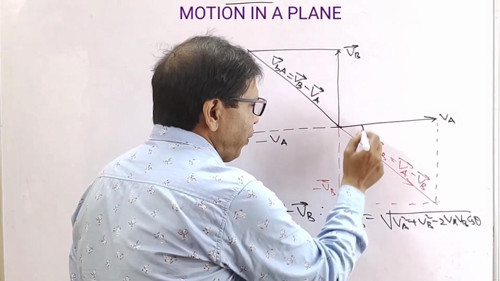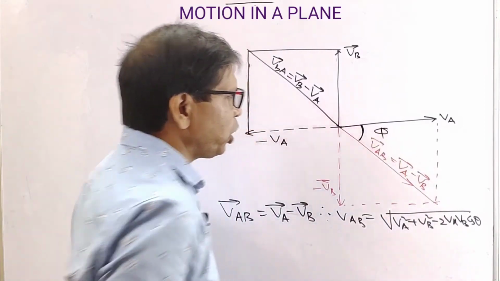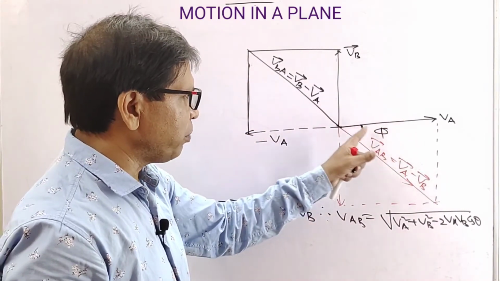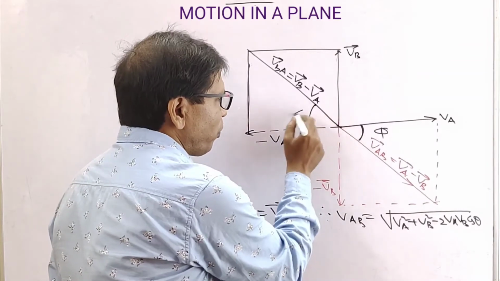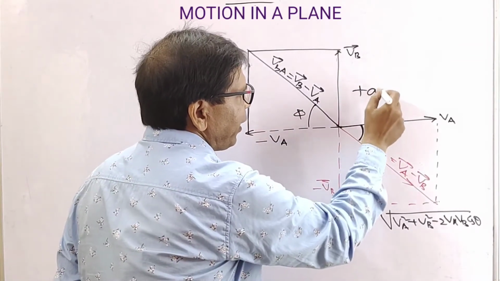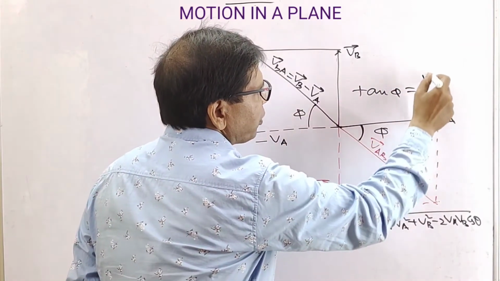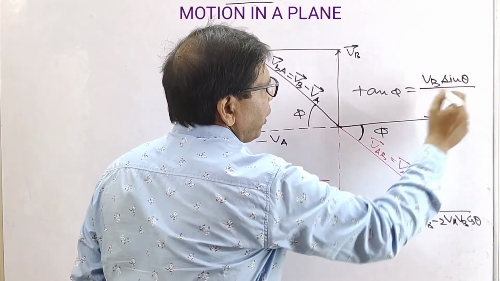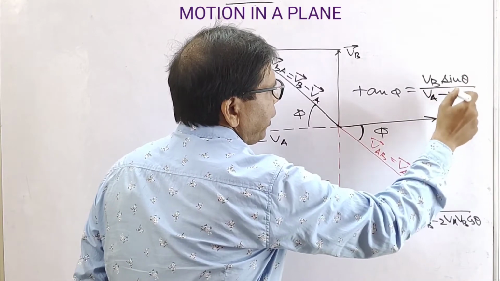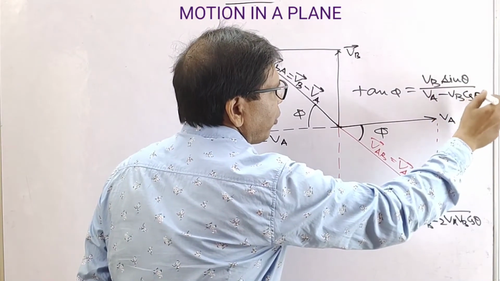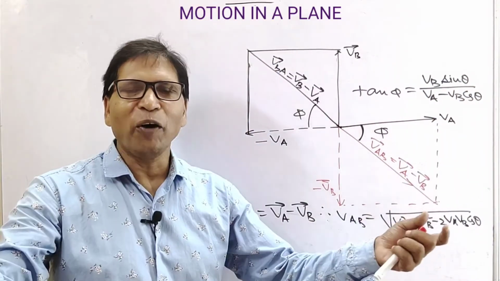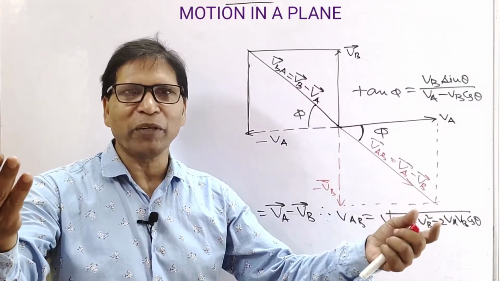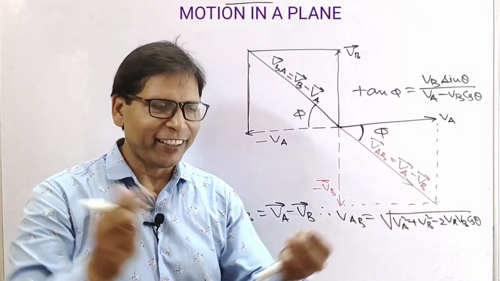Okay, the angle made by the relative velocity with respect to A: look at this, if this is phi, this is also phi. So here, tan phi becomes VB sin theta whole divided by VA minus VB cos theta. Okay, understood? Now we solve an important numerical of NCERT.